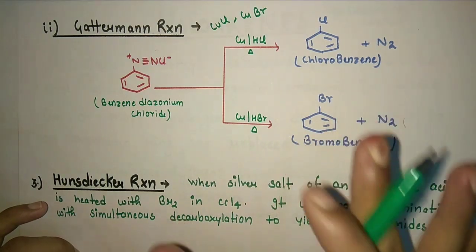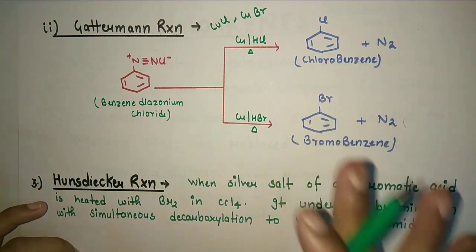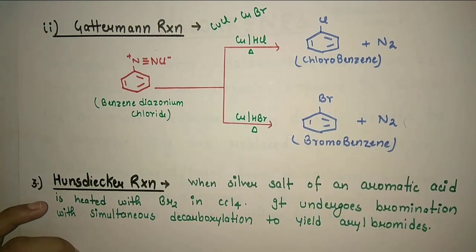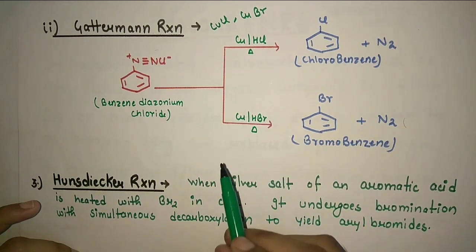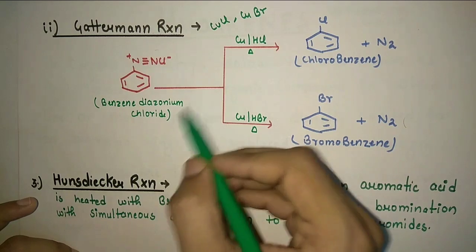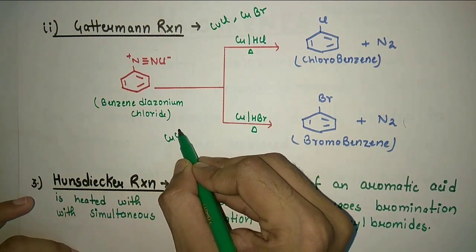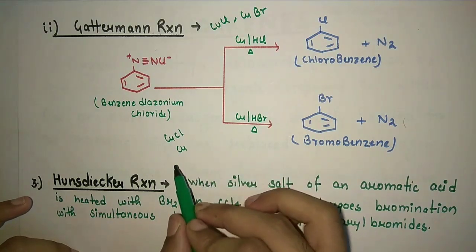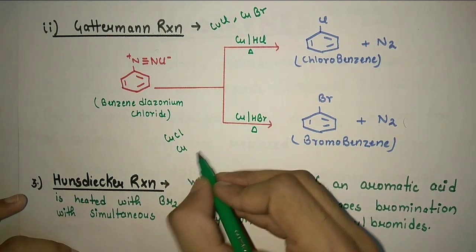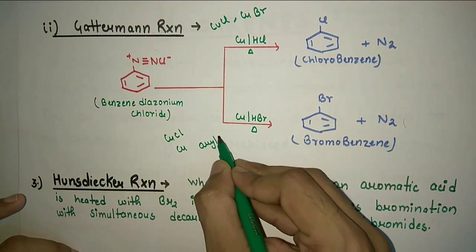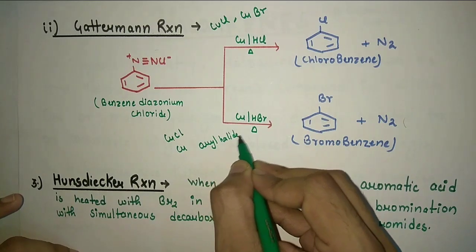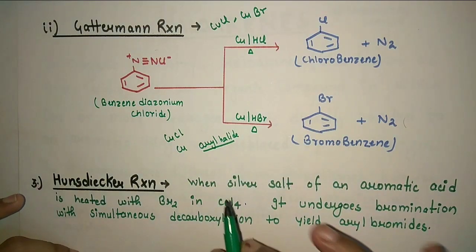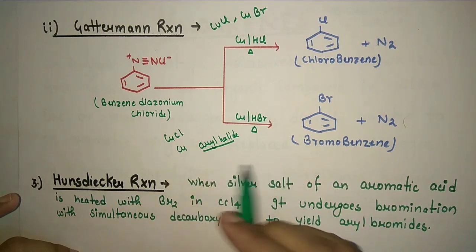So there is a slight difference between the Gattermann and the Sandmeyer reaction. In the Gattermann reaction, the CuCl or CuBr is replaced by the copper powder. This replacement leads to the formation of aryl halide more easily than the Sandmeyer reaction.